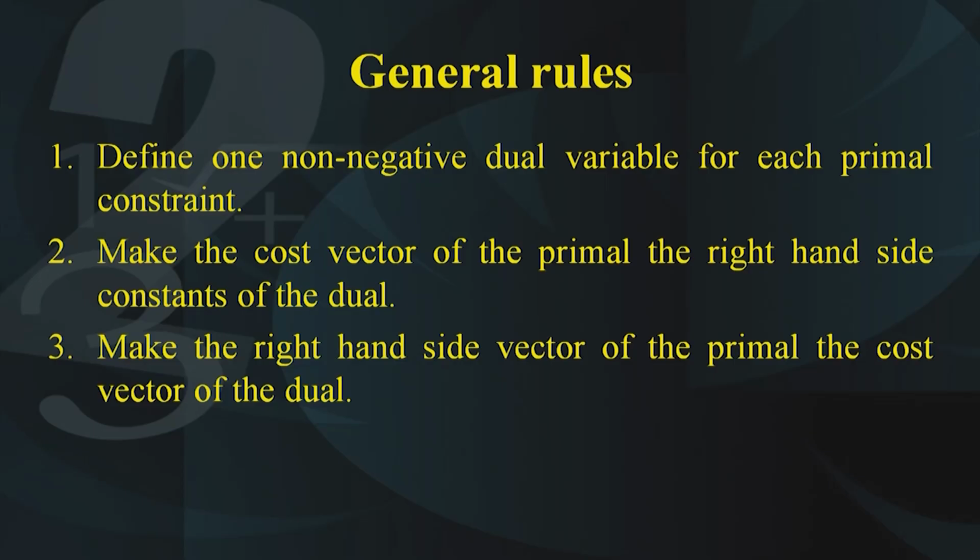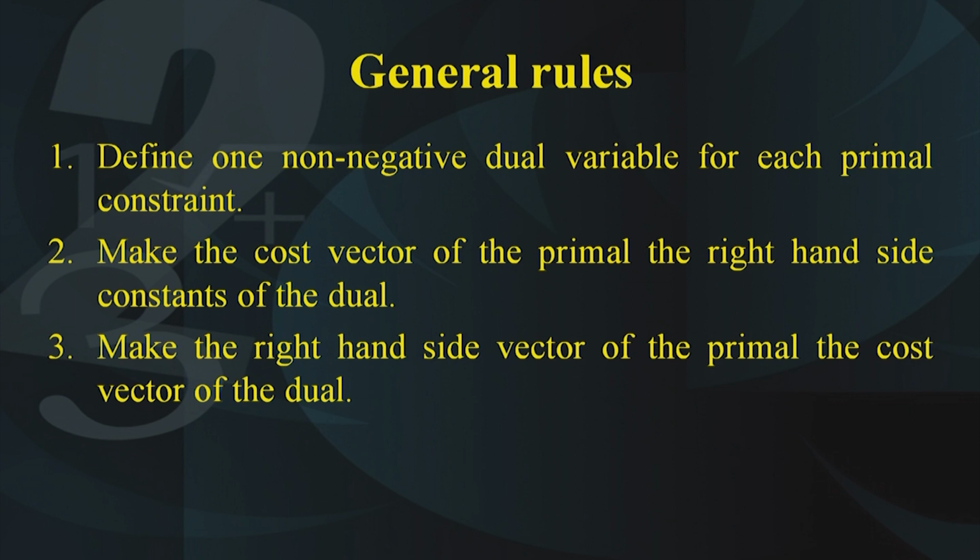So, what are the general rules that we should adopt for writing the primal and the dual? The first rule is that we need to define one non-negative dual variable for each primal constraint.